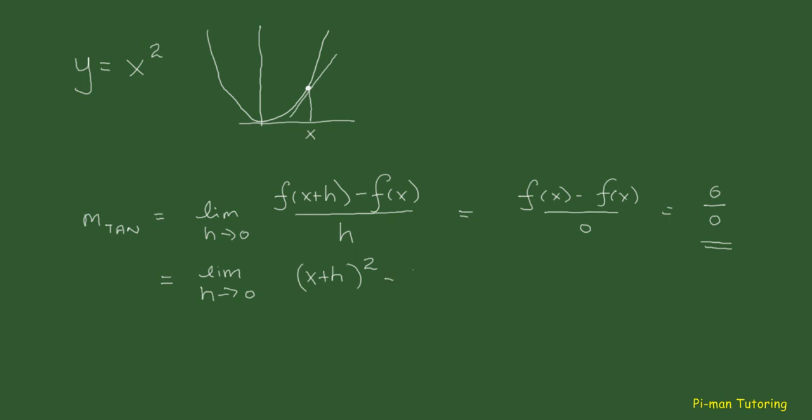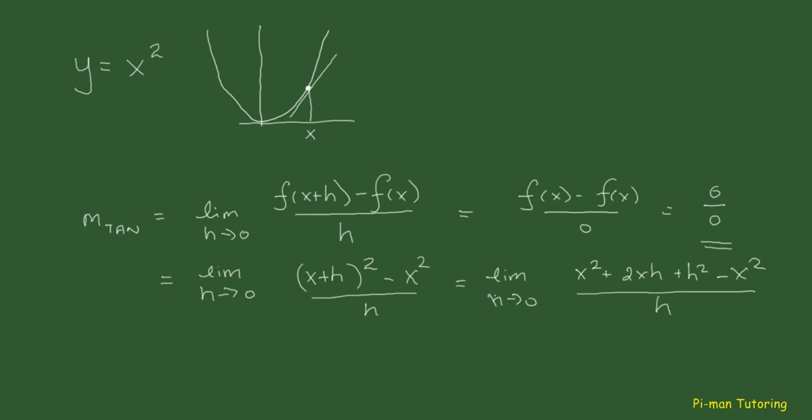Minus f of x, well, that's simply x squared divided by h. And that is the limit as h tends to 0. If we expand the bracket, x squared plus 2xh plus h squared minus x squared, divided by h.